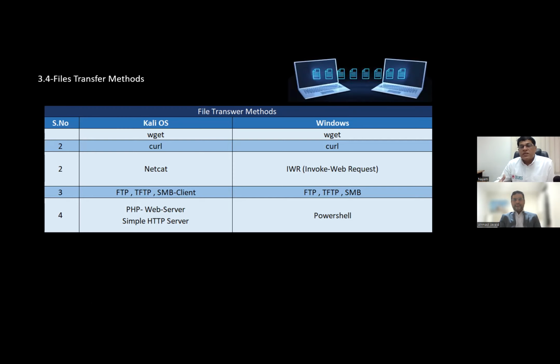So there we transfer a file from our attacking machine, which is called PowerView, to the Windows machine, and only then are we able to execute more powerful commands in PowerShell.